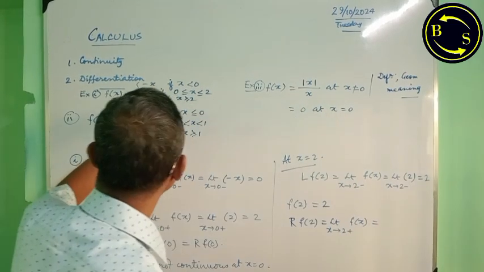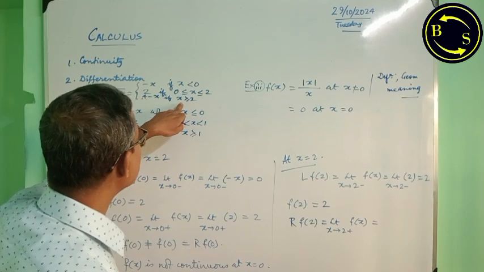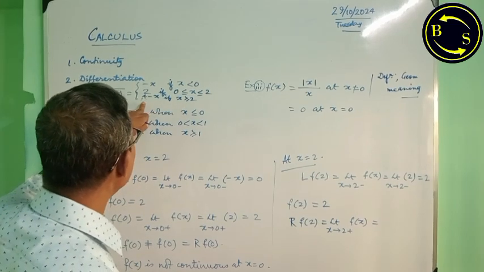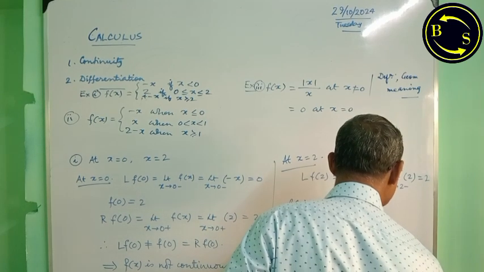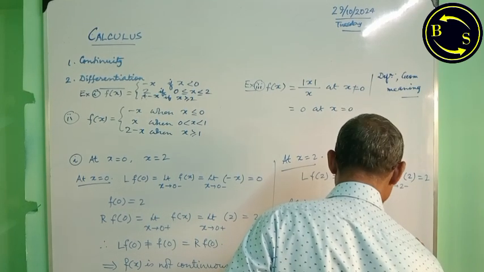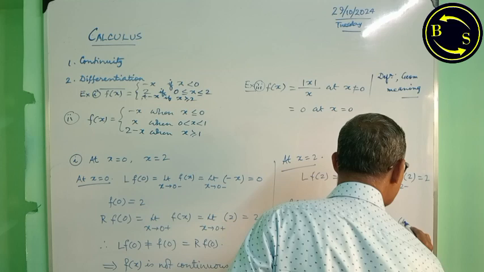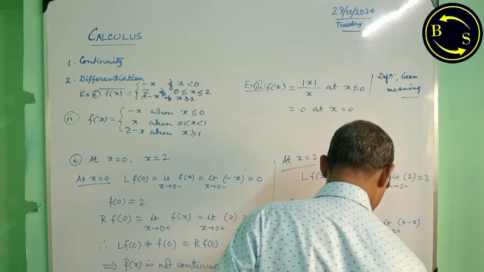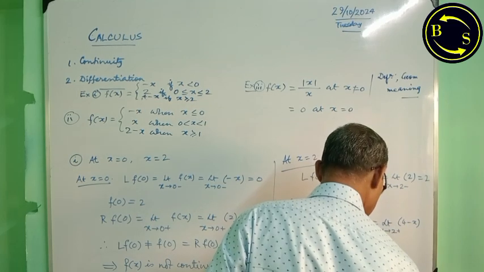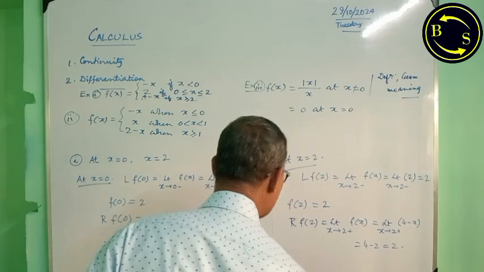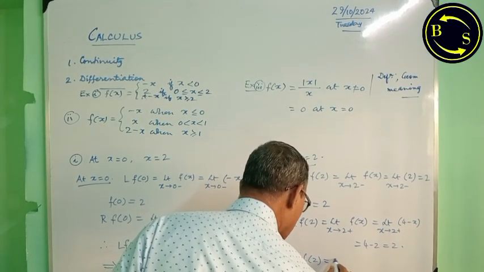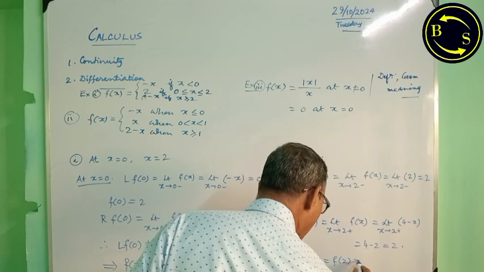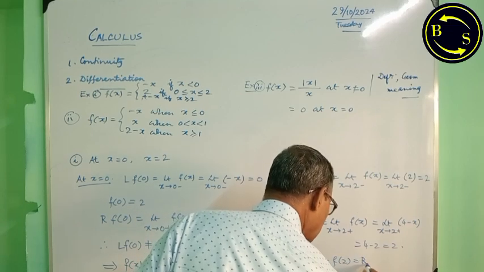Here we have to use this one, x greater than or equal to 2, 4 minus x, which gives 2. Therefore, LF(2) equal to f(2) equal to RF(2).